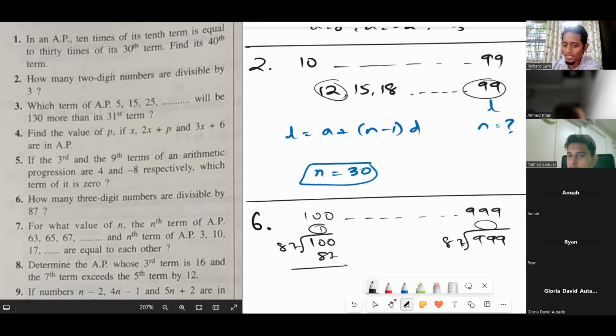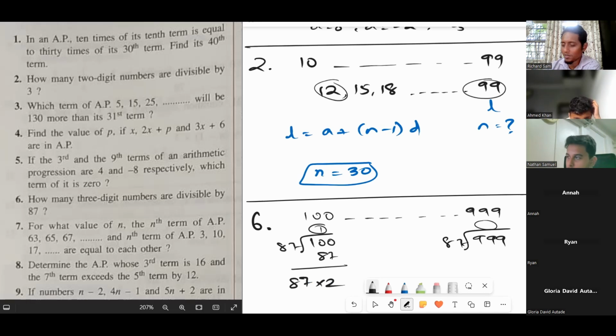So what we know is that it is 1 point something. The first multiple of 87 will be the whole number that's greater than 1 point something. So what is that whole number? 2.